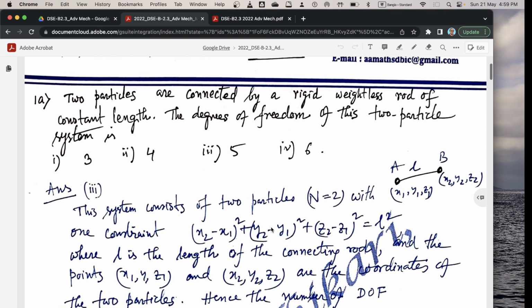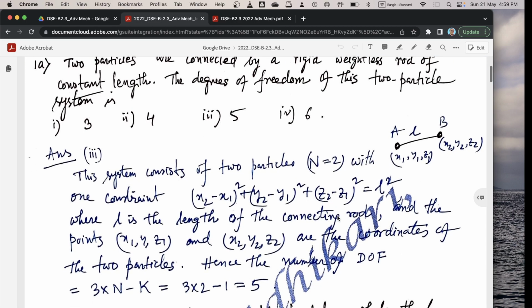In this system, two particles are connected by a rigid weightless rod. A and B are two particles; the coordinates of A are x1, y1, z1 and the coordinates of B are x2, y2, z2.